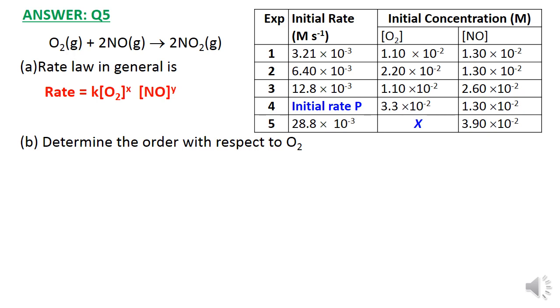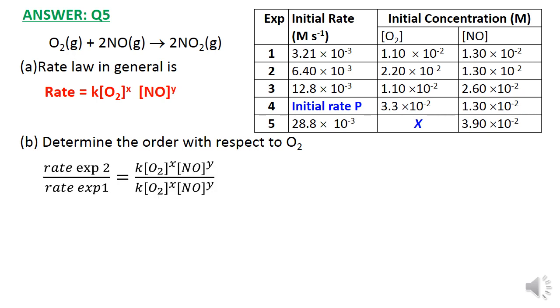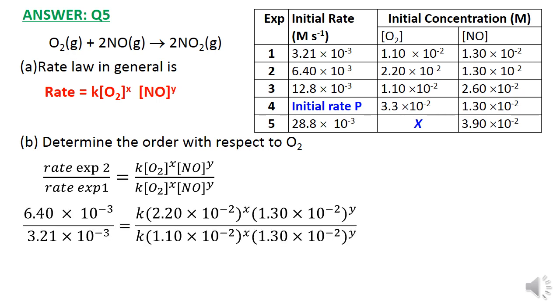That means you divide experiment 2 by experiment 1. You divide the two rate laws together, experiment 2 and experiment 1. So here, in general first, then only you substitute the rates, with the bigger value on top and the smaller value on the bottom, so that the calculation will be much easier.